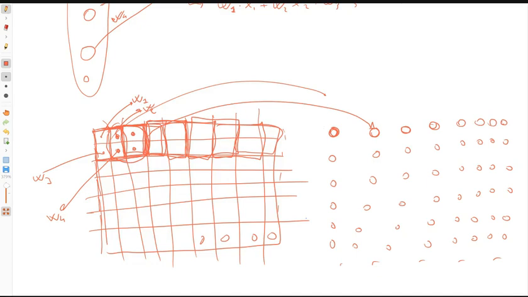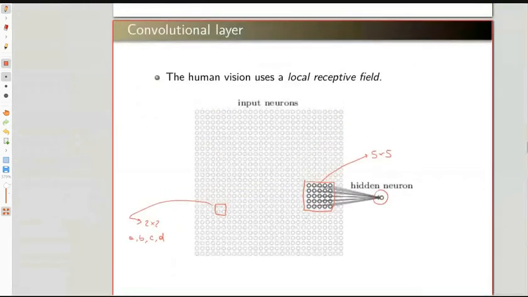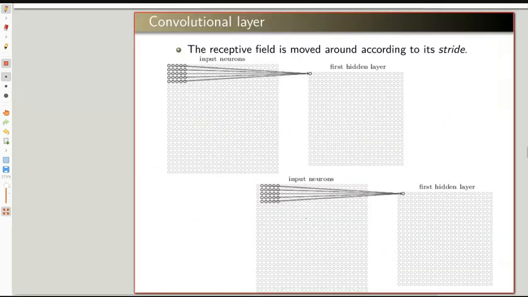Let me get back to this image. In this image, we have a receptive field which is 5 by 5, and this means that I will have 25 weights. It was describing the receptive field is moved around according to its stride.